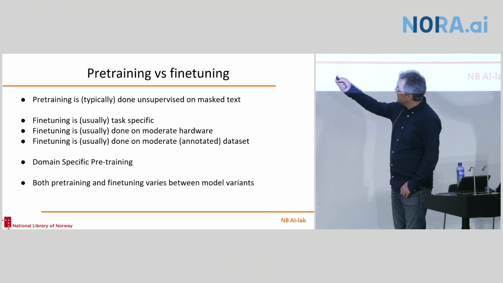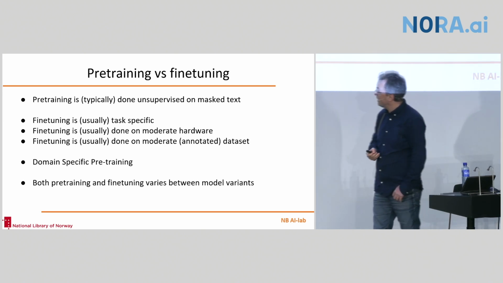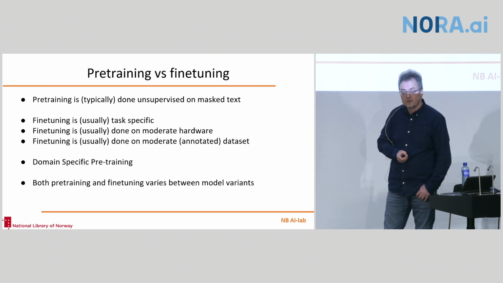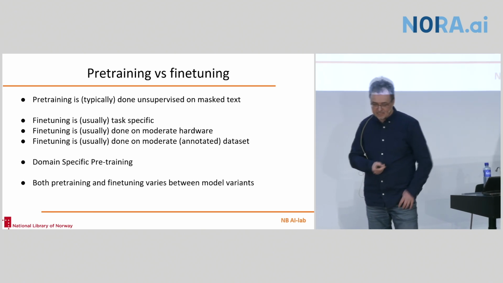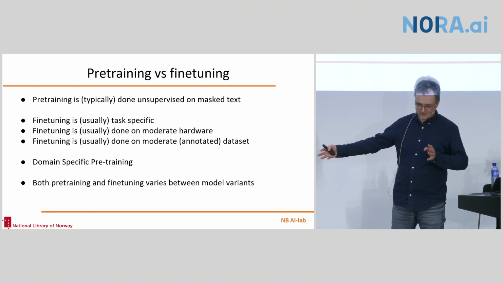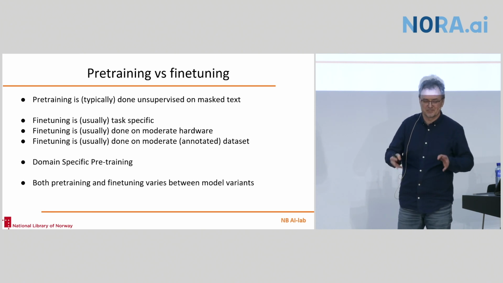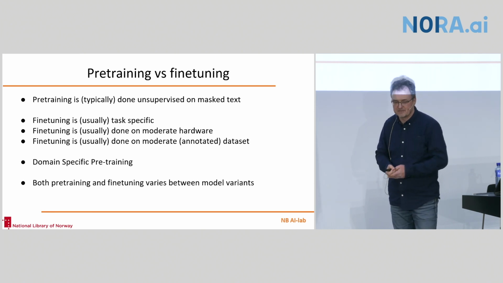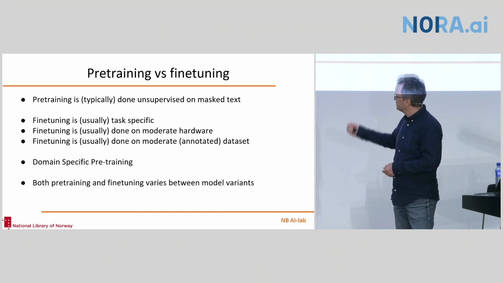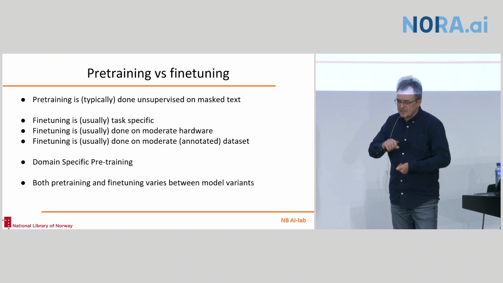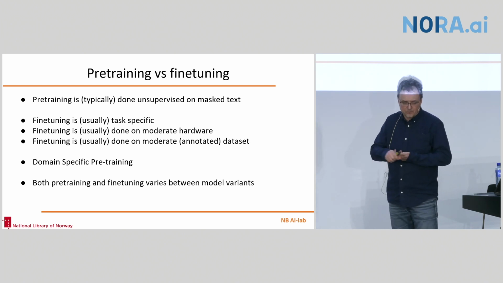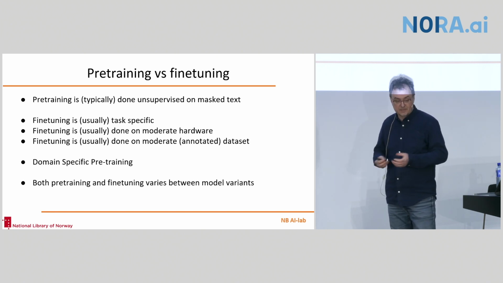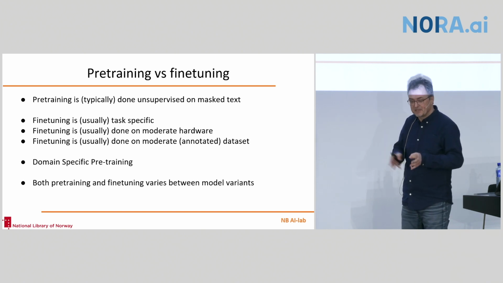There is an interesting thing in between here that I like to call domain-specific pre-training. In one way, we can say that if we take a multilingual model and then train it on Norwegian, it's a way of domain-specific pre-training as well. But usually you would do this, for instance, within healthcare, where you train it on healthcare data, or within the legal system, or within just scientific literature.